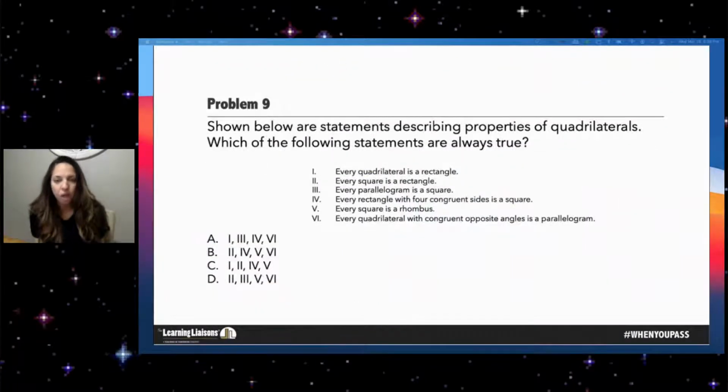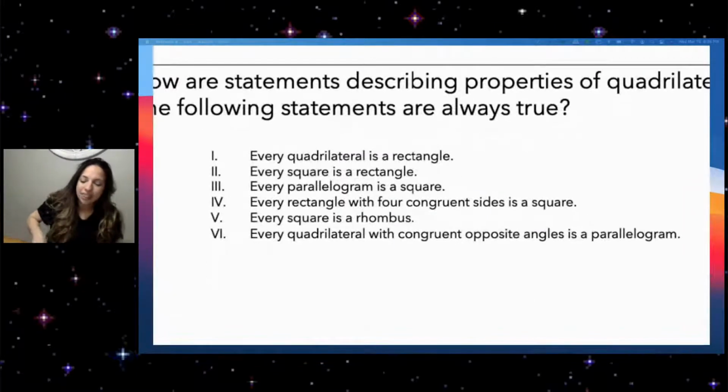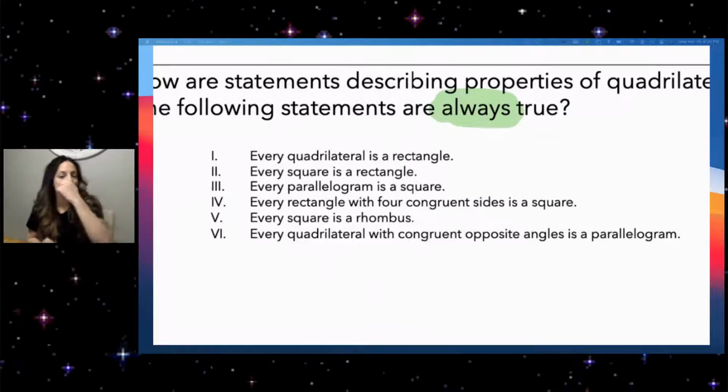Shown below are statements describing the properties of quadrilaterals. Which of the following statements are always true? That is our key word, always. We're looking for statements that are not sometimes true, that are always true.